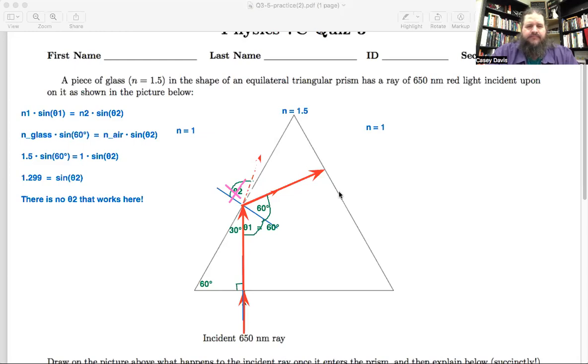So we can use that 90 angle again, and the top angle is 60. Yeah, this top angle of the equilateral triangle prism has to be what? 60 degrees. Yeah, that's got to be 60 degrees. And I'm noticing we have just created a triangle here using these two portions of the prism side and this ray of light.